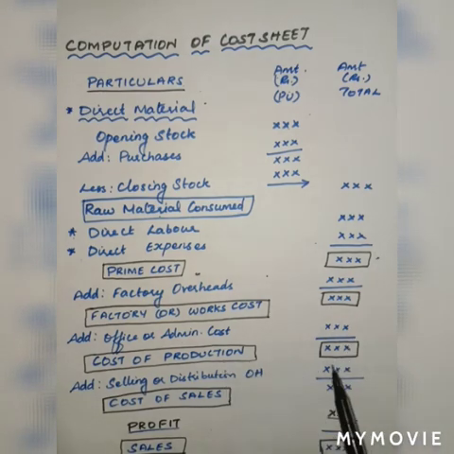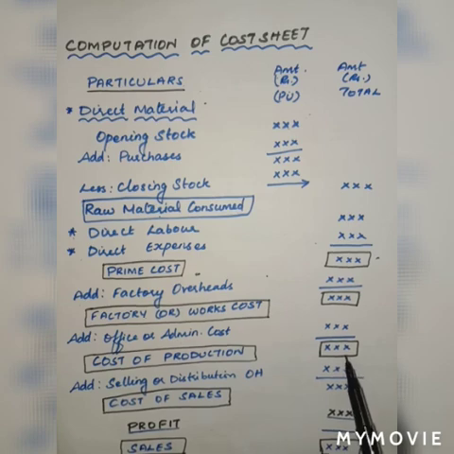This cost of production is the cost incurred for producing that particular product. Now the products are ready. You have to sell it. So you add selling and distribution expenses, and this will give you cost of sales. This is the price at which the product can be moved out of the factory.